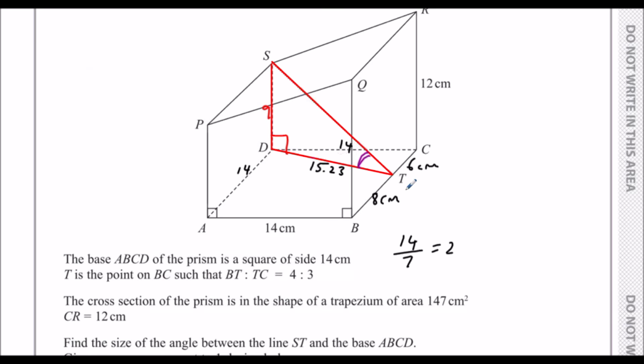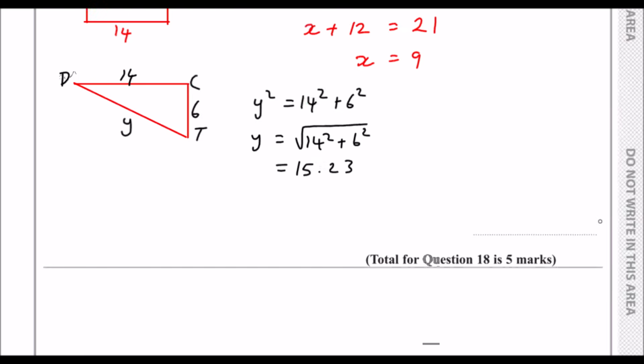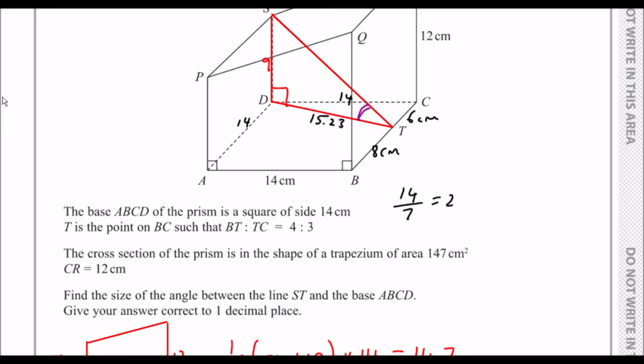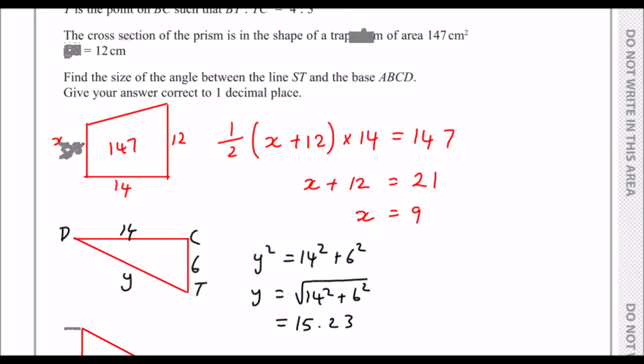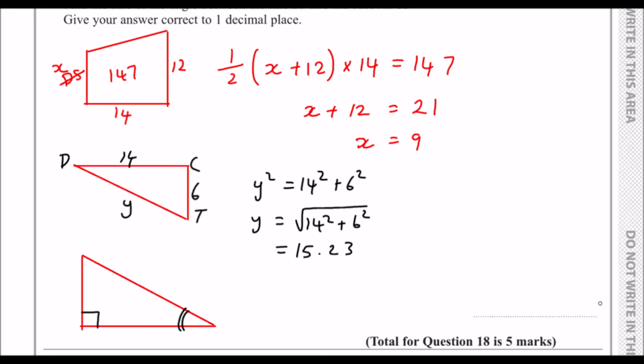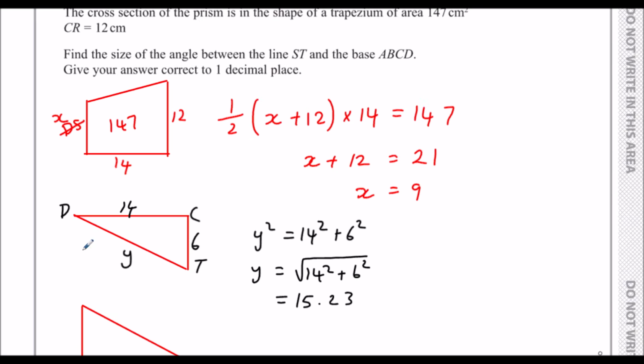Now we can use SOHCAHTOA for this right angled triangle and find the angle. So I'll draw another right angled triangle. We're finding this angle down here. The opposite is 9.